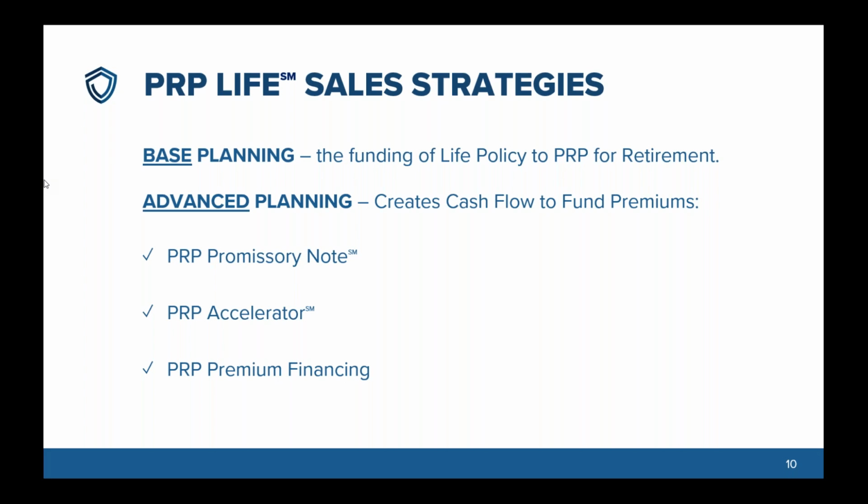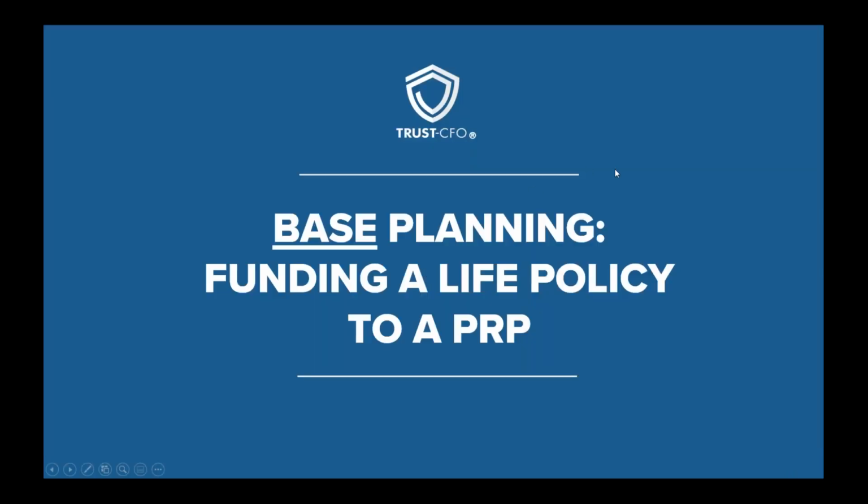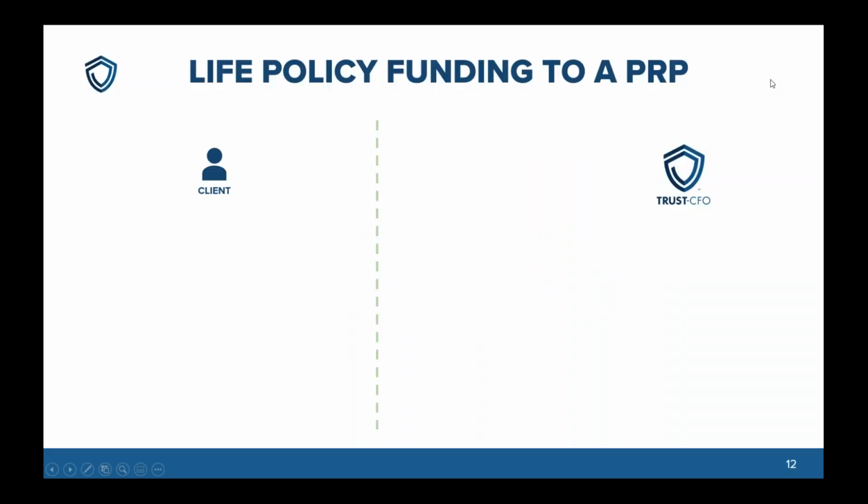Okay, so let's jump into the base level planning of a life policy and how to get that into a private retirement plan. Again, we always work on visual models and allow our clients to understand the inner workings of the puzzle. So a client hires TRUST-CFO and says, hey, we'd like to administrate a private retirement plan.